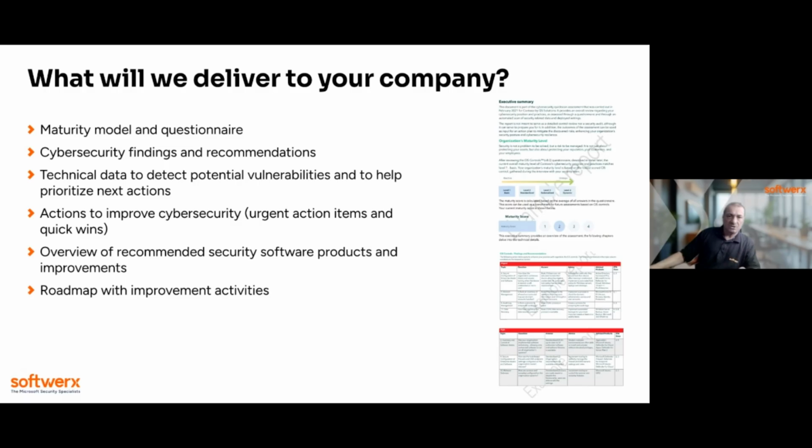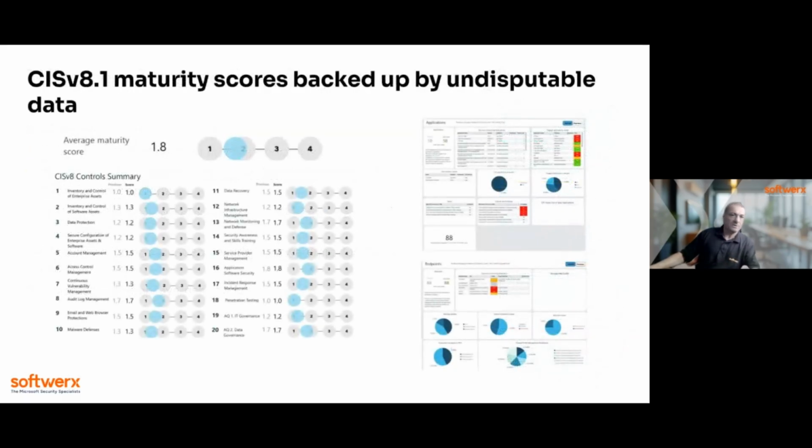Okay, so let's just have a quick look at the maturity score that I've been talking about. As you can see there, I mentioned that we break this down into the 18 groups, plus some additional questions outside the CIS framework, 19 and 20.